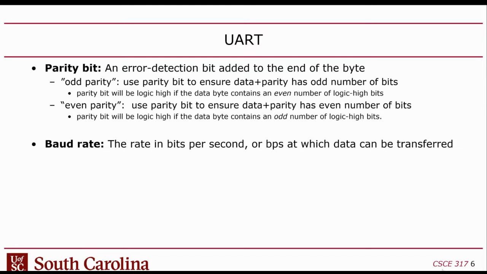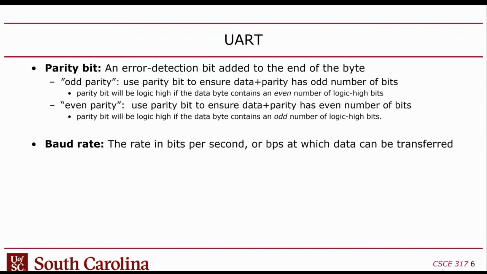So what that means is, when you're sending the data, if the data had an even number of 1 bits, then you have to set the parity bit to 1, to force the total to be odd. Now you might say, wait a second, I thought odd parity meant that if there's an odd number of 1 bits in the data, then you set the parity bit to 1. No, it's the opposite.